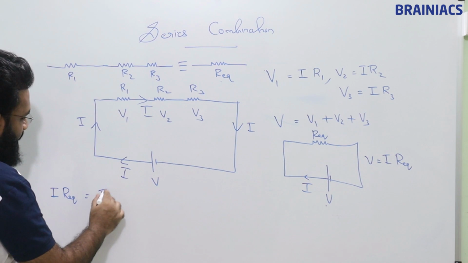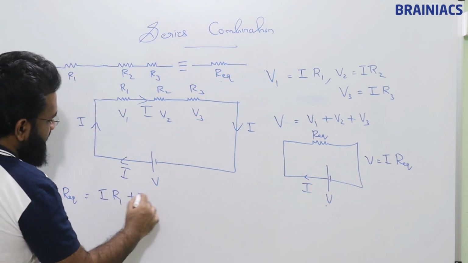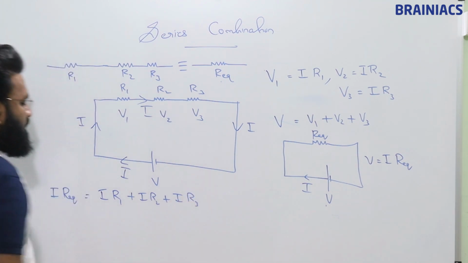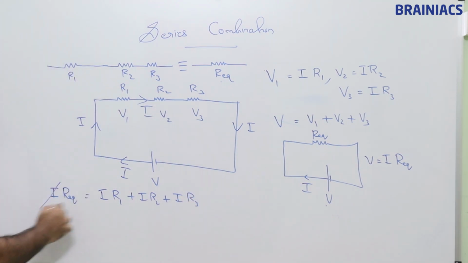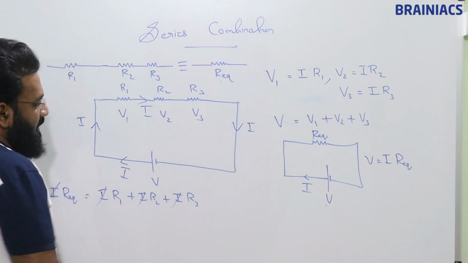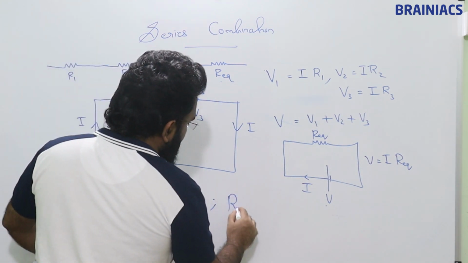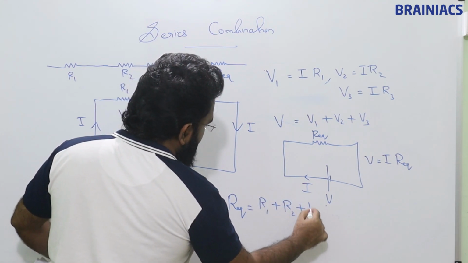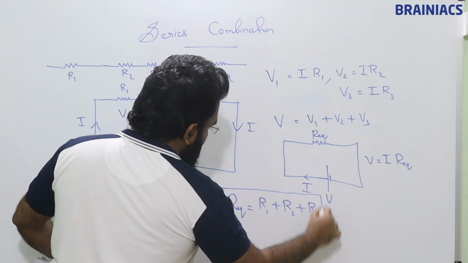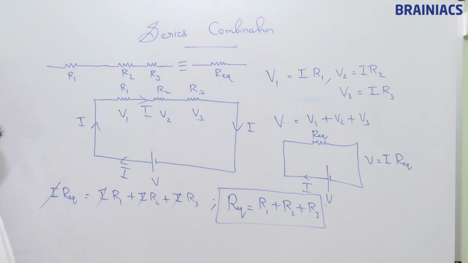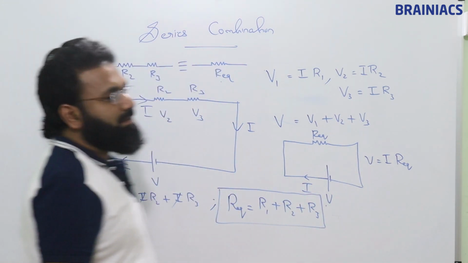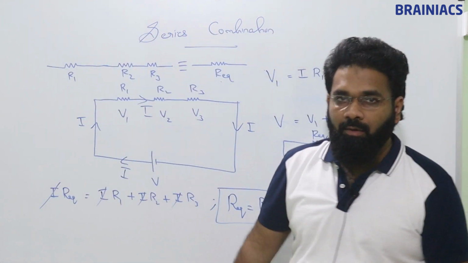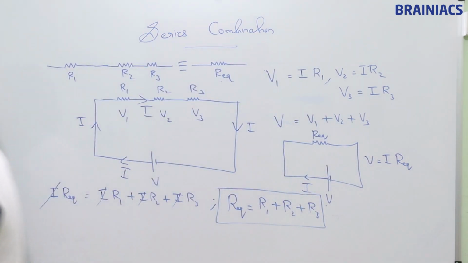We will replace with IR1 plus IR2 plus IR3. So this I, if I cancel, I will be getting R equivalent is equal to R1 plus R2 plus R3. So if we connect resistances in series, we can add those resistances to get the equivalent resistance. Note it down.